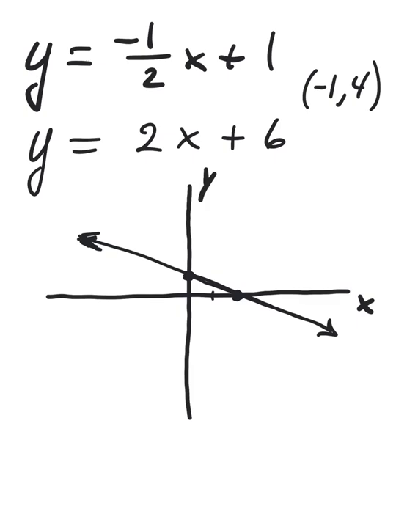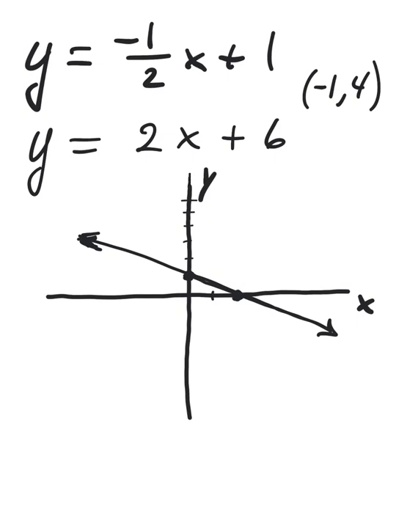2x plus 6 has a y-intercept at positive 6, so we count 1, 2, 3, 4, 5, 6, and a slope of positive 2, which is also 2 over 1.